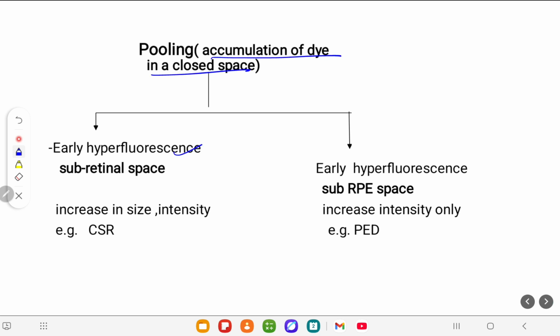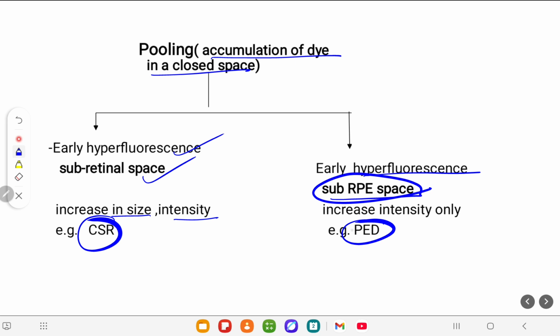So early hyperfluorescence in the subretinal space, of which a common example is CSR, central serous retinopathy, shows an increase in size and intensity. Early hyperfluorescence in the sub-RPE space, you know it, is pigment epithelial detachment, PED, with an increase in intensity only, not size.